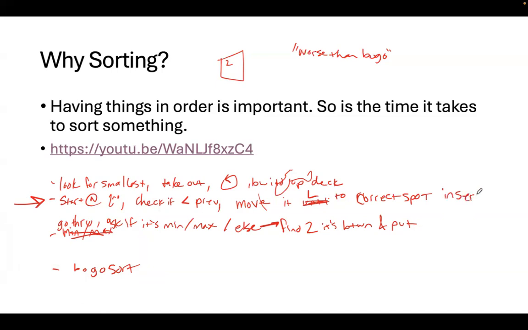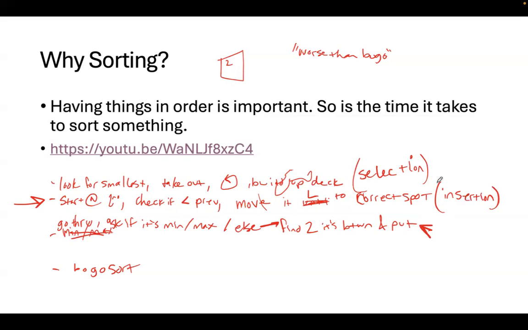This is insertion sort. This actually ends up being something we call selection sort. I unfortunately don't know if this is any named sorting algorithm. Chances are it might be. But the ones that you've named are actually well-known algorithms.